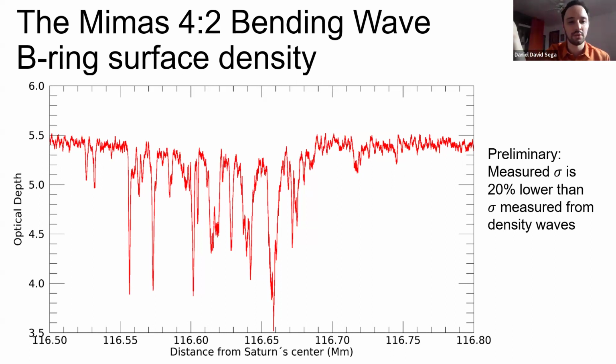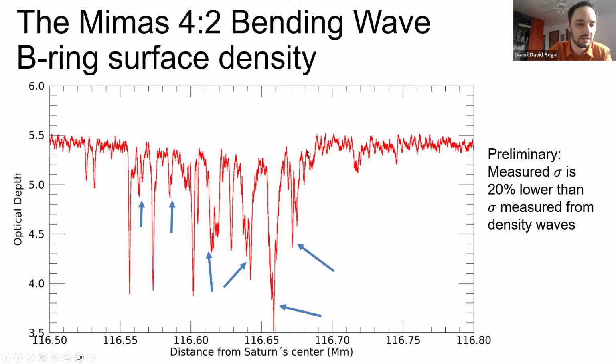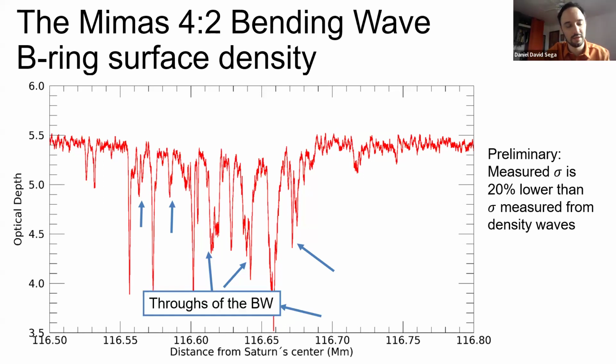But if you look at a very small subset of the occultations, talking about 3 or 4, you can see the bending wave clearly. Here the peaks, or these are troughs actually in the optical depth, have the proper amplitude, but then there's other stuff here that is acting strangely.